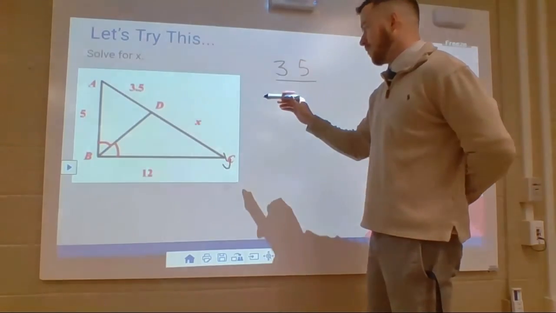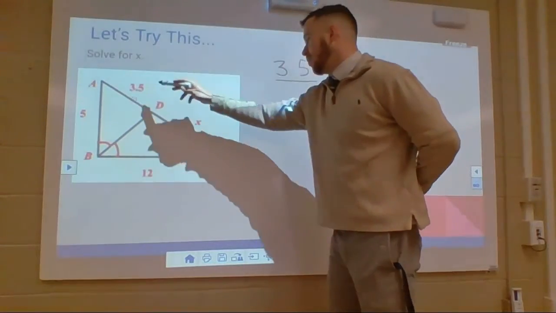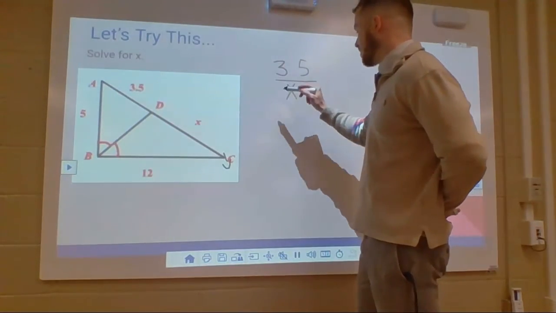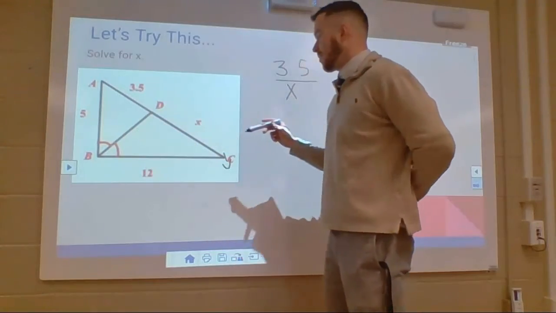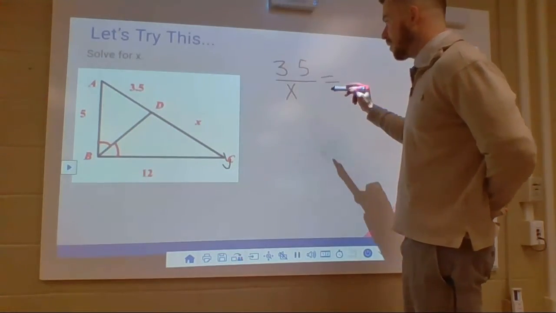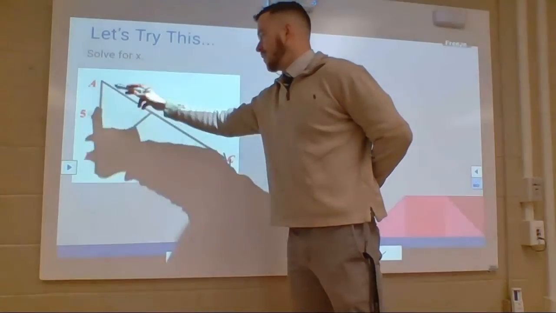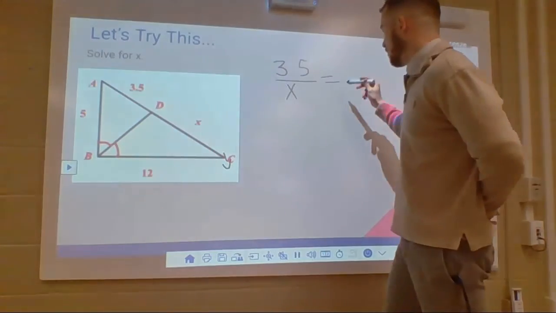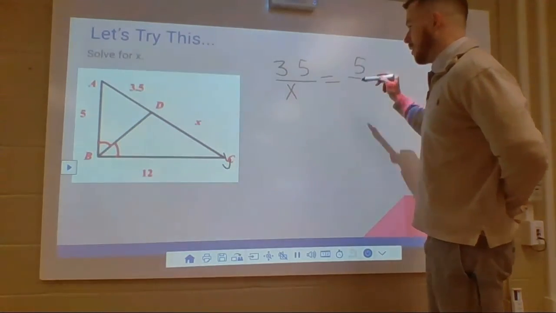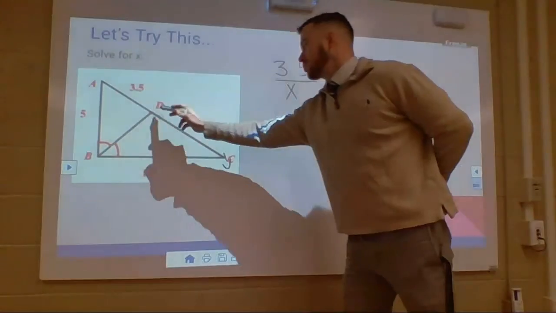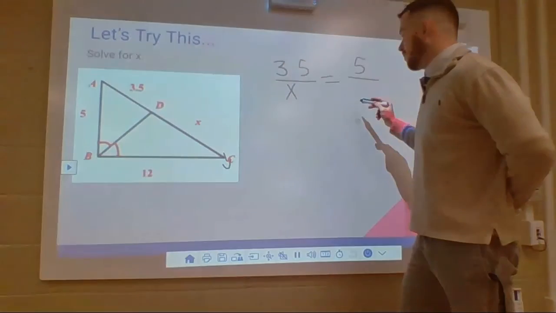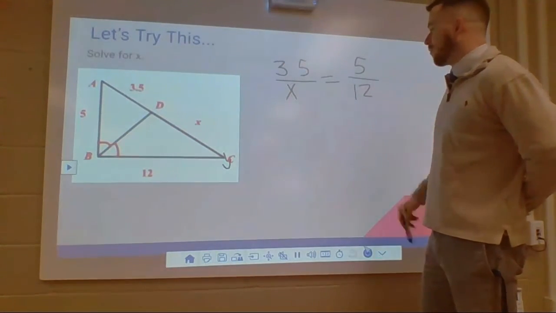But I'm going to say 3.5 over X, since they're both on the same line here. I think that's the easiest way to start off. 3.5 over X, they're both on the same side right there. So 3.5 is going to match up with 5 since they're on the same triangle. And X is going to match up with 12 since they're on the same triangle here. So we'll put 12 right there.